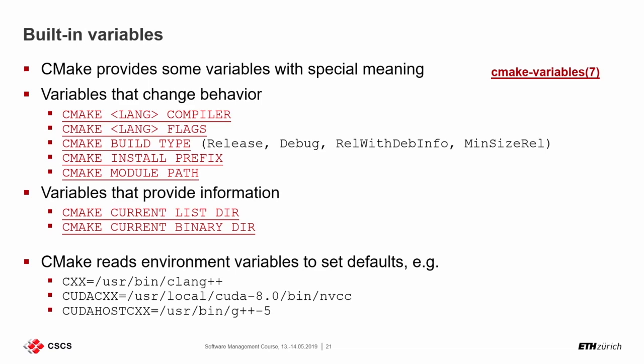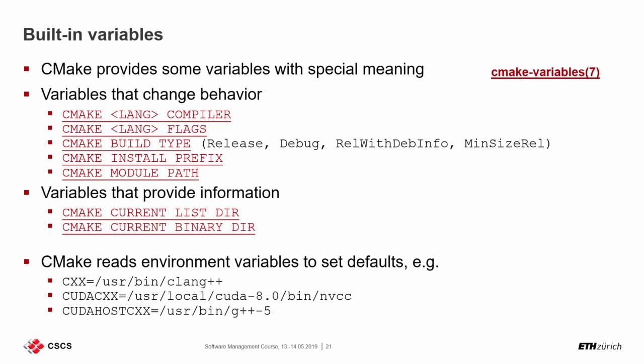I can also pass in here some flags for the language. So CMake CXX flags, I don't have a good example because actually most of the time you don't want to use this thing. CMake module path, I will not explain it now.